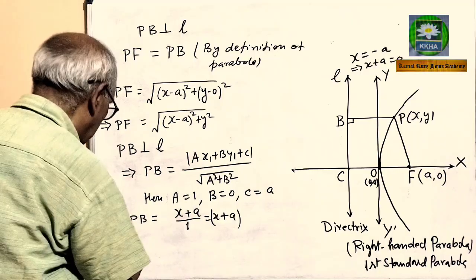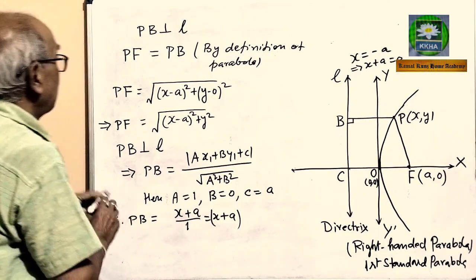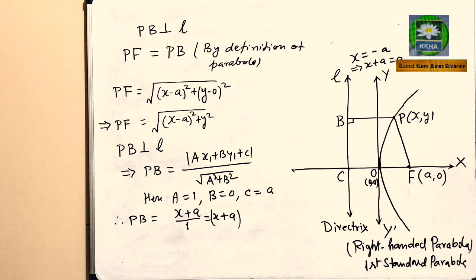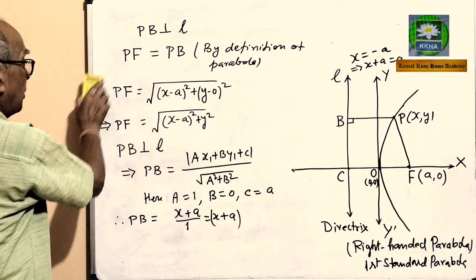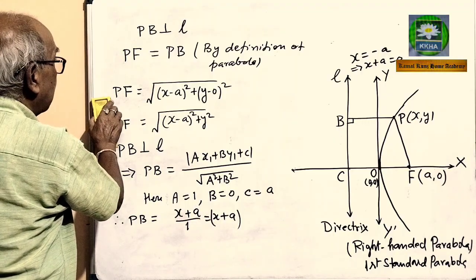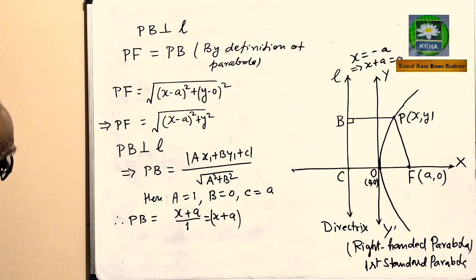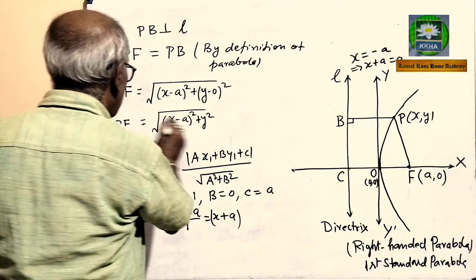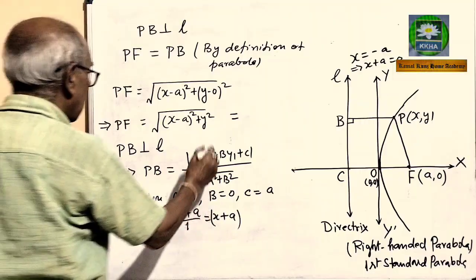Hence, now we have PF equal to PB. Therefore, this will be equal to x plus a.